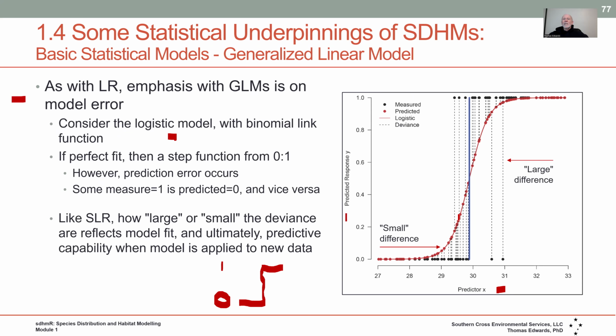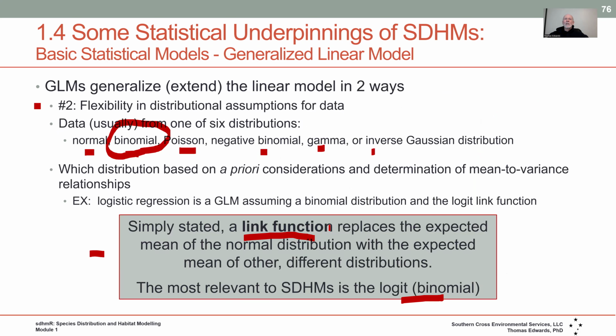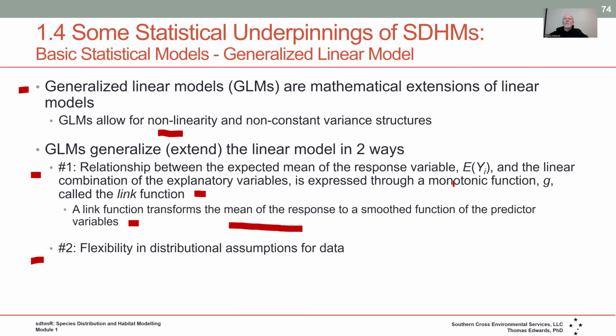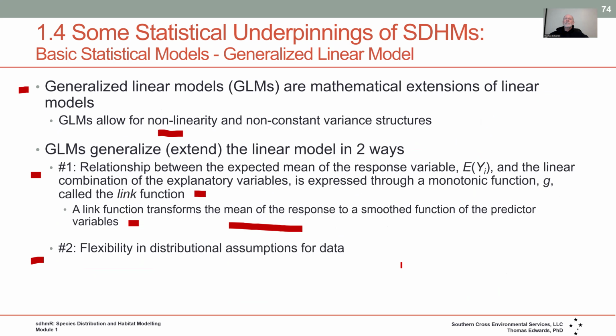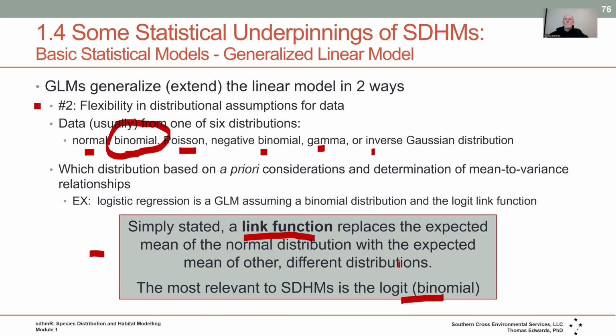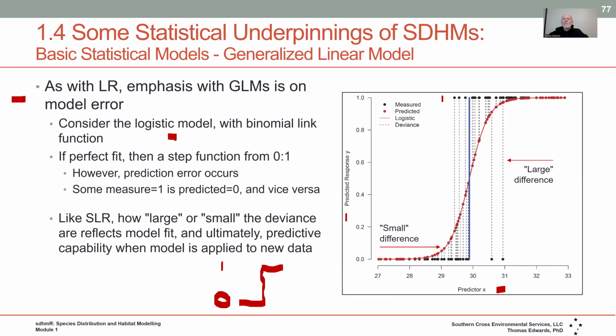This is based on the observations. All these red dots right here represent the predicted values that we saw here, here, and here. It's just in a different form. Now up here and down here, we have the observations for 0 and the observations for 1.